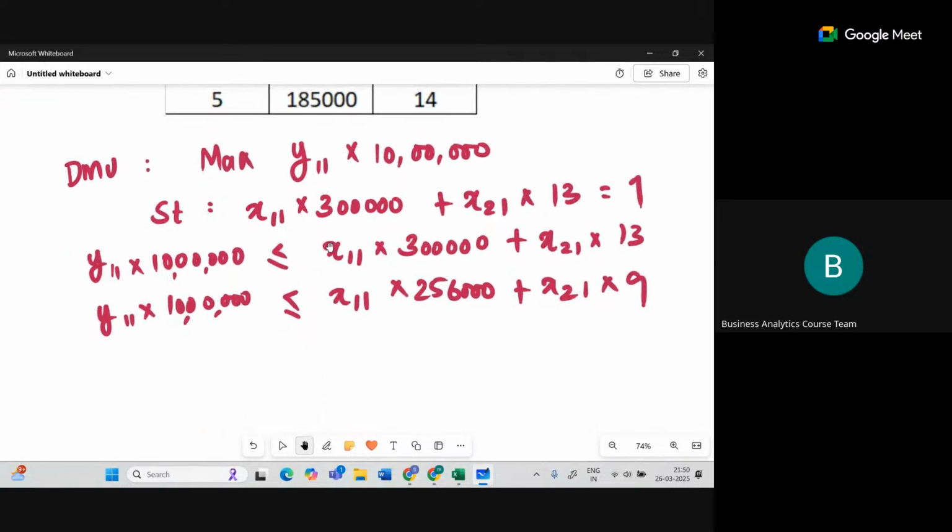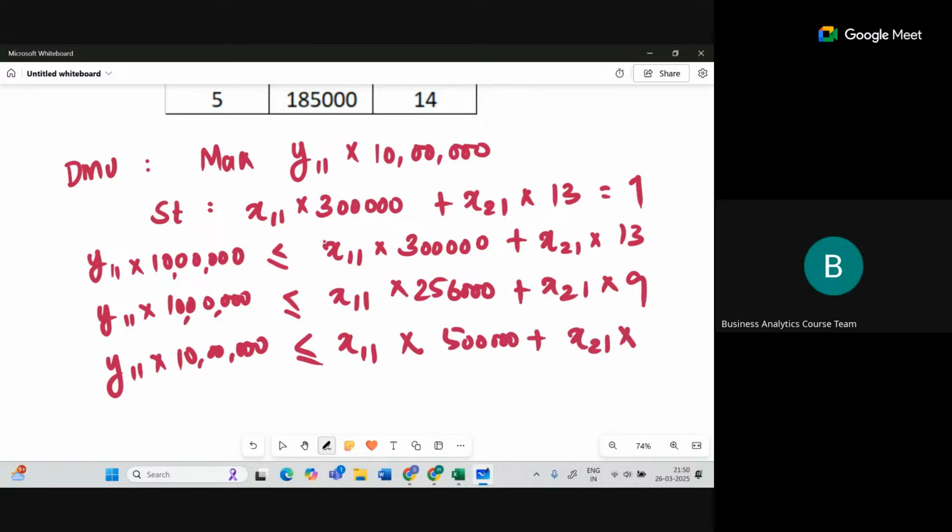Similarly, let me write the next one and then stop. I'm not going to do it for all. Less than or equal to X11 into 5 lakhs plus X21 into 7.